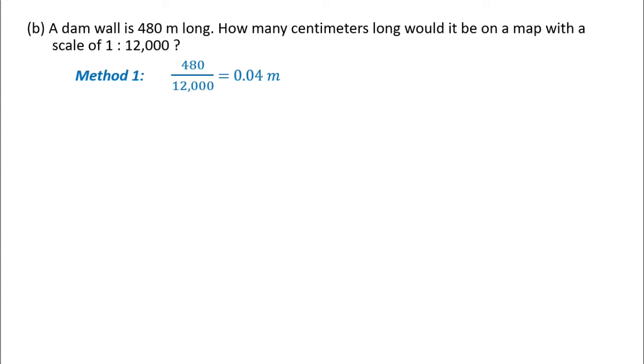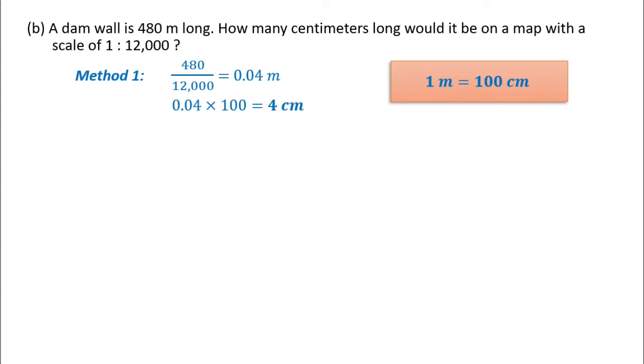Remember, 1 meter is equivalent to 100 centimeters. Converting meters to centimeters, from big to small, we have to multiply. So 0.04 times 100 equals 4 centimeters. It means 480 meters in real life is 4 centimeters on a map.